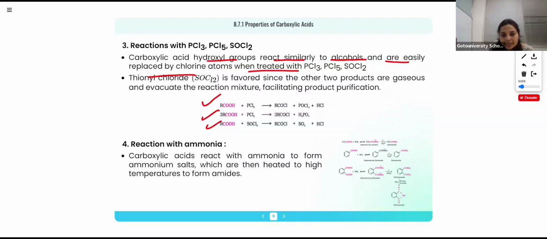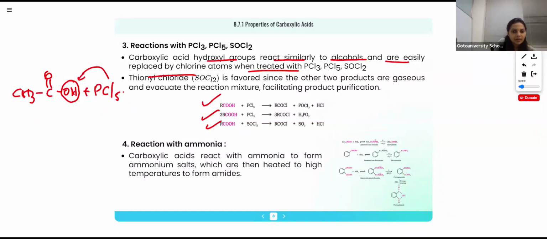How? This is RCOOH, right? Suppose I am writing CH3COOH reacting with PCl5. Now, this OH group will be removed and one chlorine will come here. Then what you will get? CH3, C double bond O, Cl.